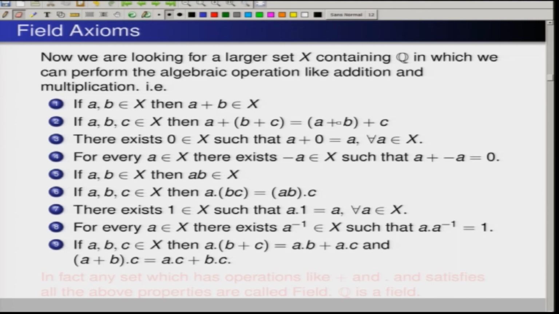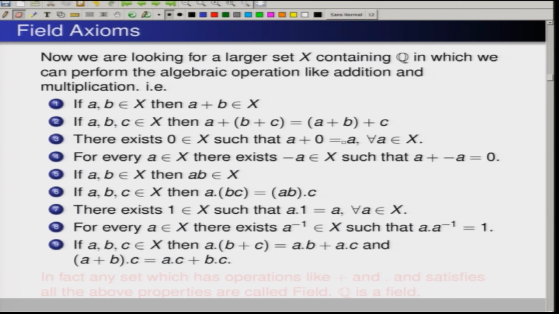So the order of addition is redundant. Then there exists one element, let us denote it by 0, such that for any element a of X, if I add a to 0, this gives us a.